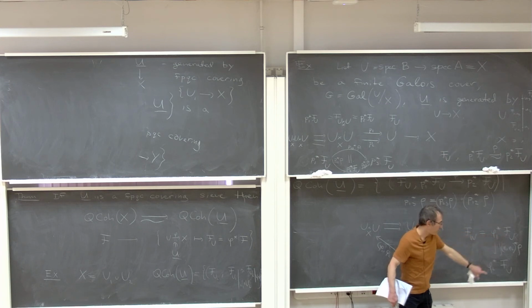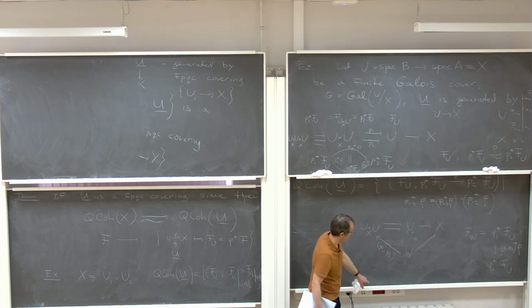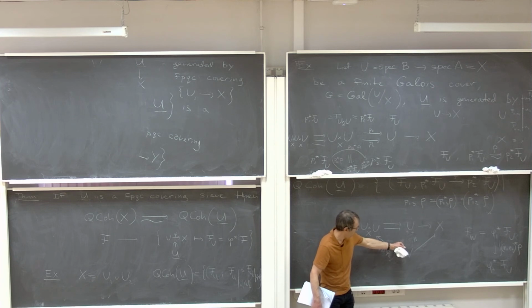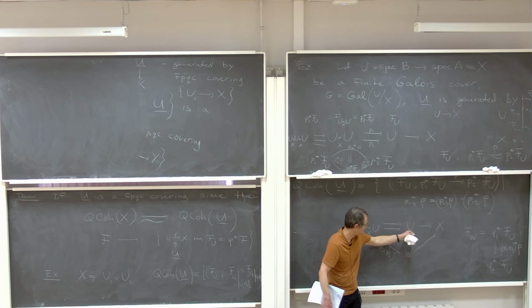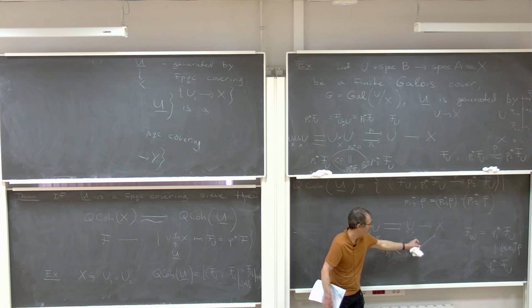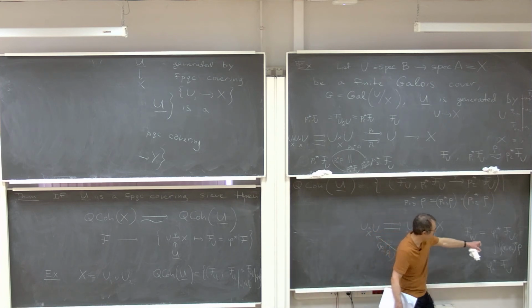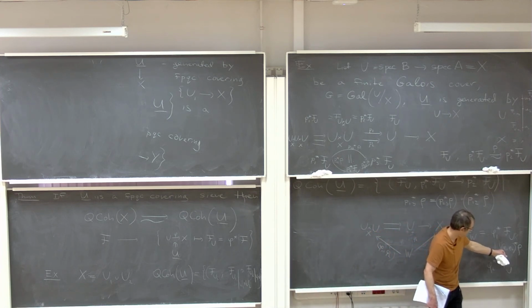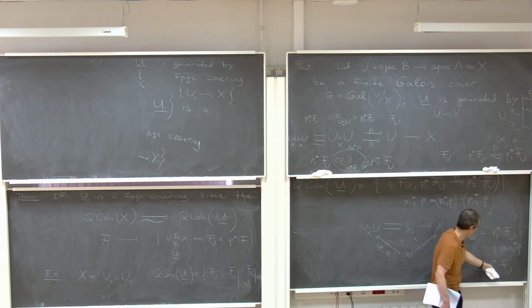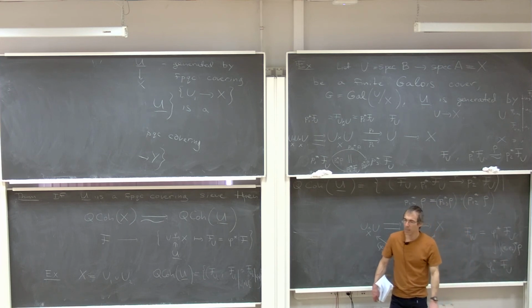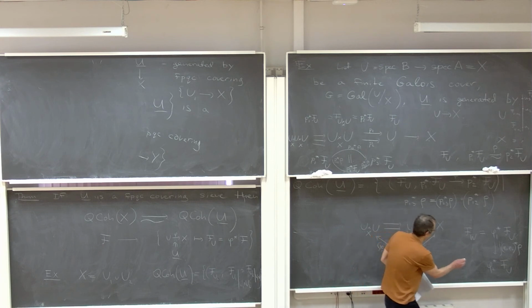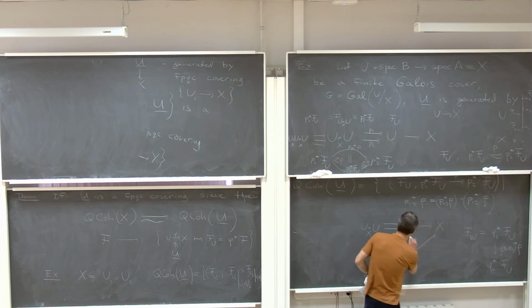This something depends on the choice of this map phi, but we produced an isomorphism between the two pullbacks. But now suppose you are given a third map. To make it really well defined, you have to do the following.